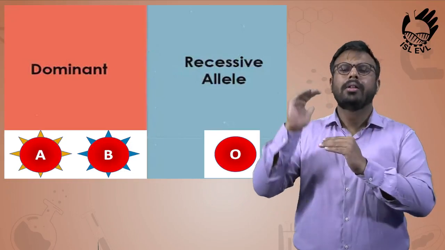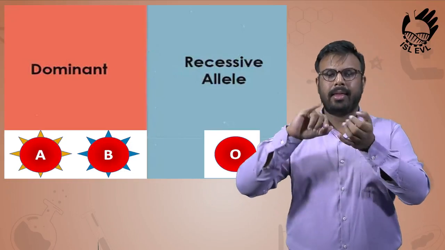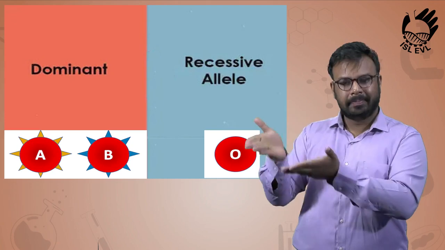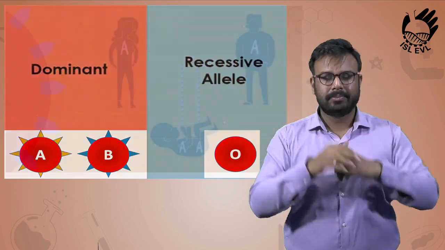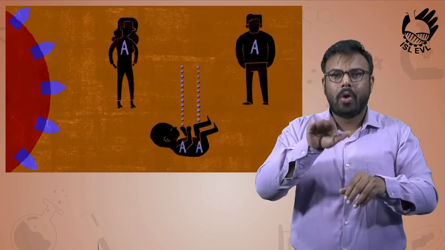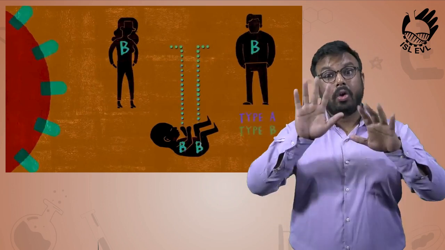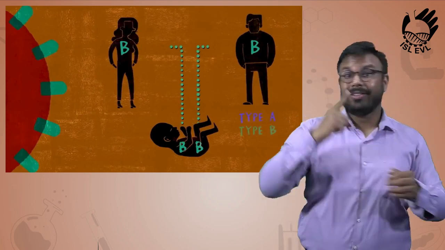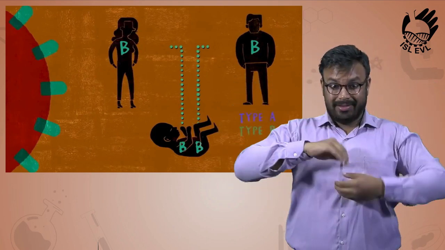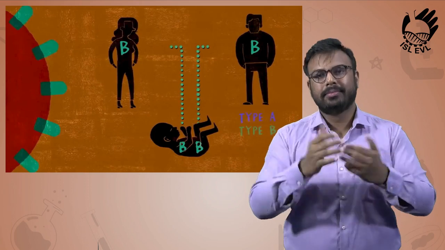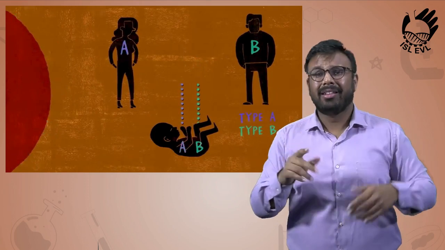The O blood group is not so dominant because it is coded by a recessive allele. For example, if both parents have A blood group, the child will also have A blood group. In case both parents have B blood type, the child will also have B blood group.